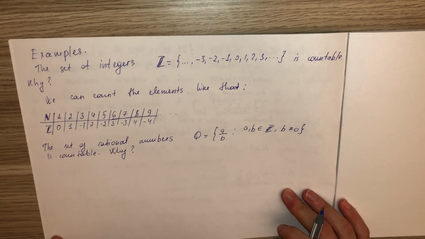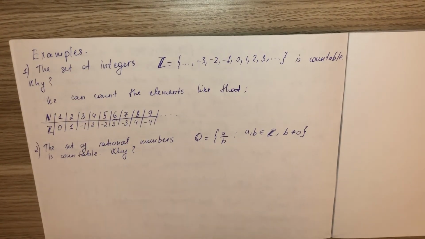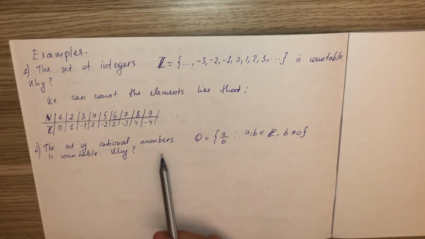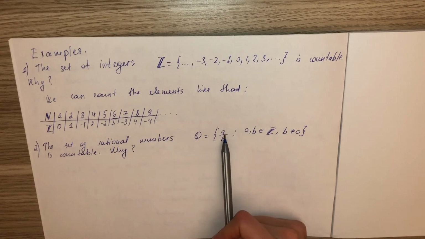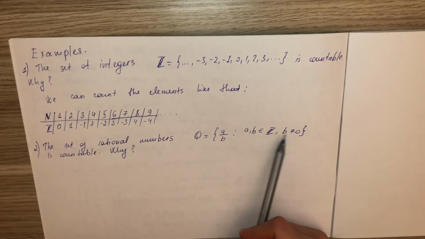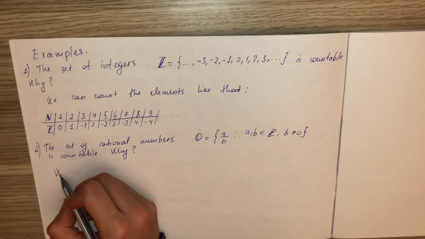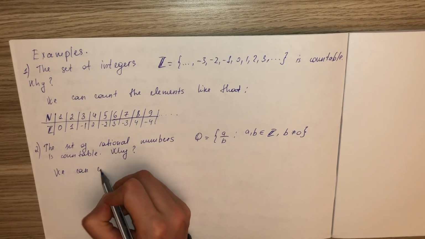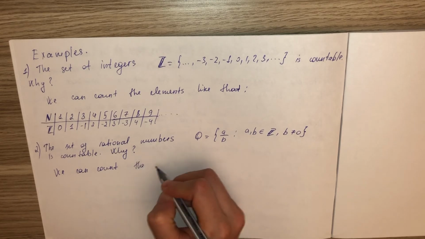So let's continue. This is our second example. The set of rational numbers Q, A over B, such that A and B are integers and B is non-zero, is countable. And let's show why. We can count the elements like this.